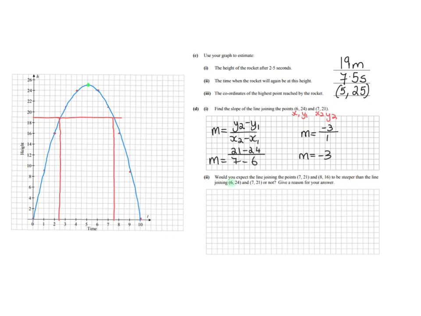Where we have (6, 24) and (7, 21), I'm going to highlight in green, and you can see that here on the graph. And then we're talking about where we are highlighting (7, 21) and (8, 16), which is this point here. So looking at that, you can kind of see that it is much steeper. So it is steeper on the graph.